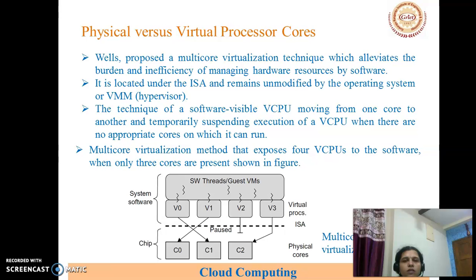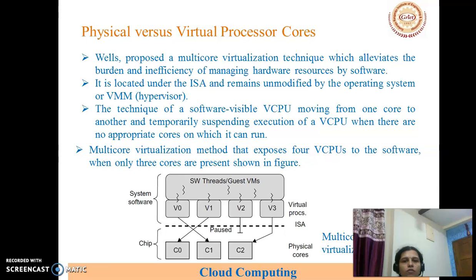Next is physical versus virtual processor cores. Wells proposed a multi-core virtualization technique which alleviates the burden and inefficiency of managing hardware resources by software. It is located under the ISA and remains unmodified by the operating system or hypervisor.